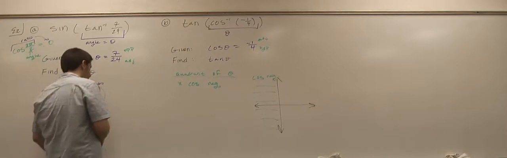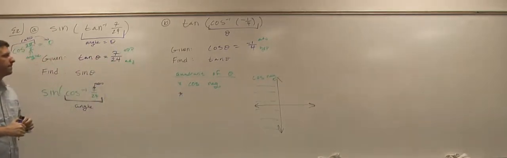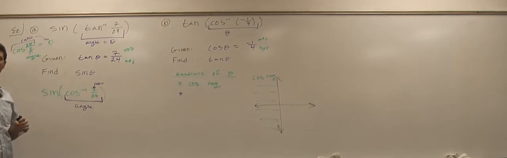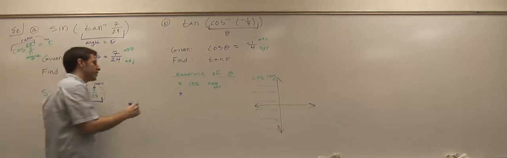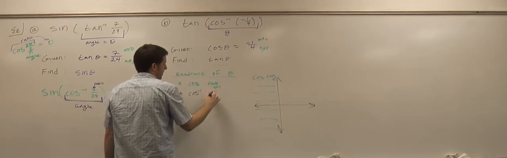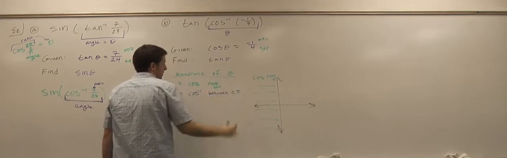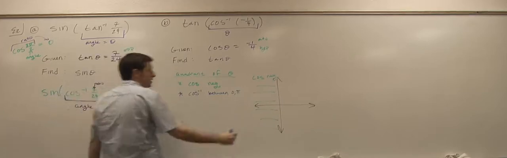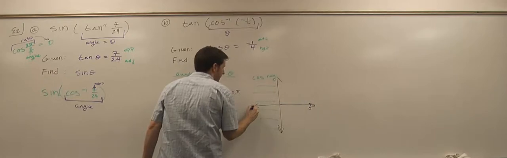And then what's the other thing I need? Cos inverse. That I'm dealing with cos inverse gives me a range of angles. So cos inverse is always between what and what? 0 and pi. So here's 0 radians. Here's pi radians.